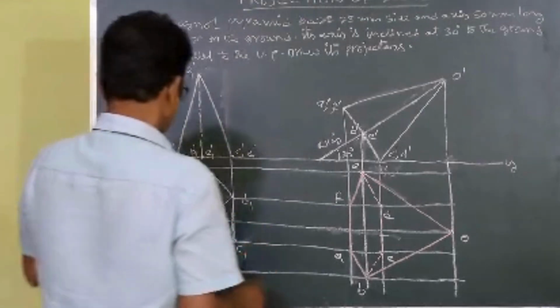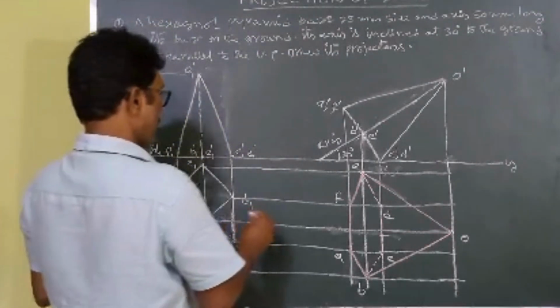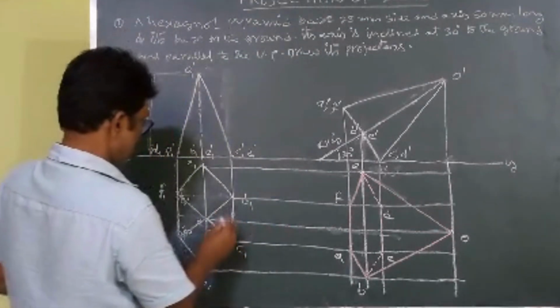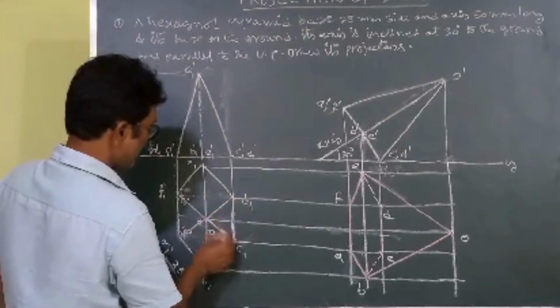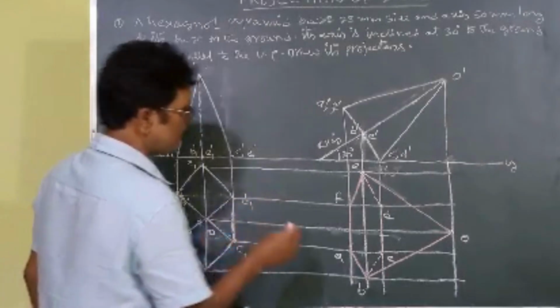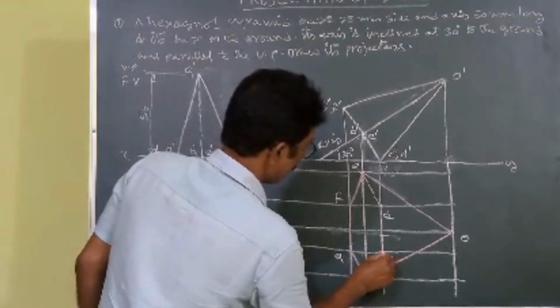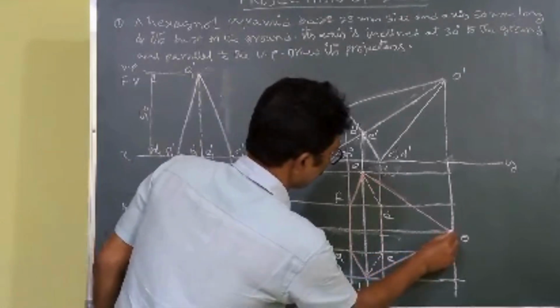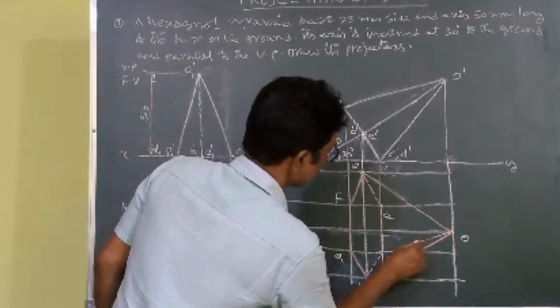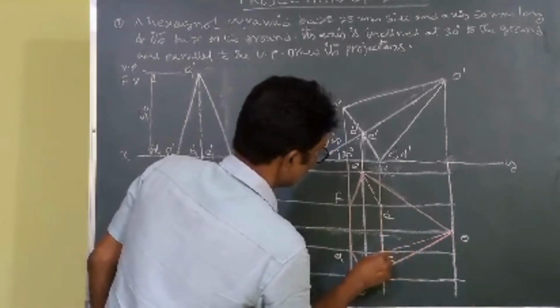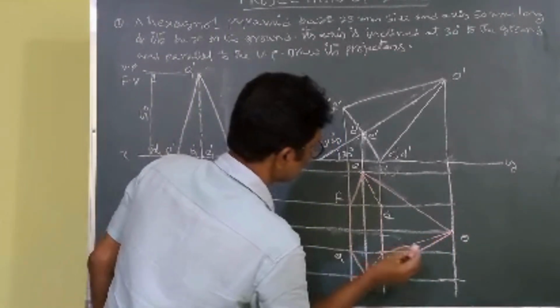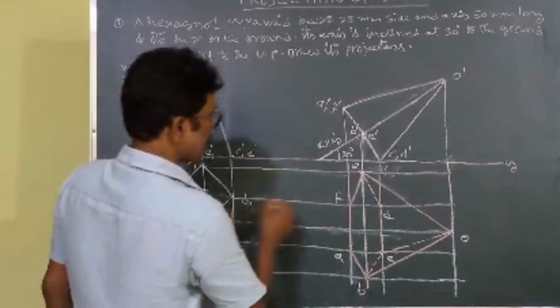Okay. In addition to that, these DO and CO are also dotted lines. They are also not visible. CO, where is C? CO. This is also a dotted line. DO is also a dotted line.